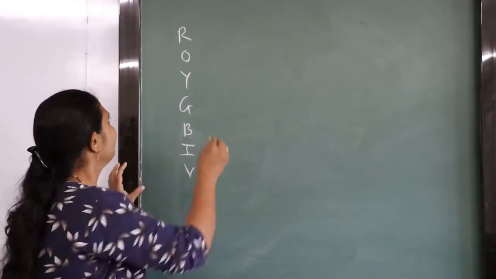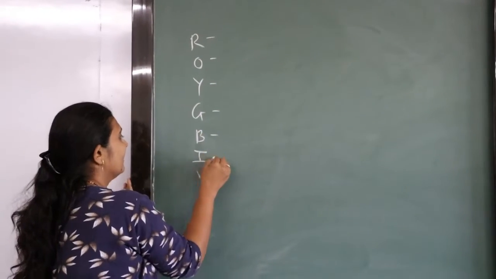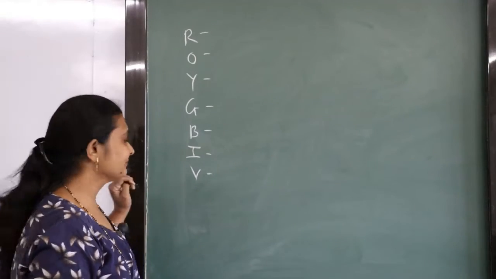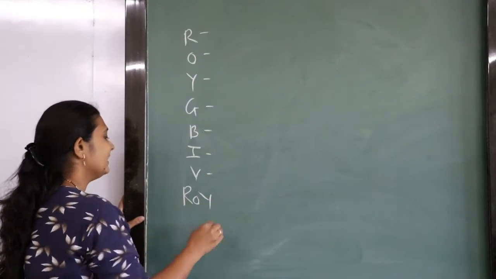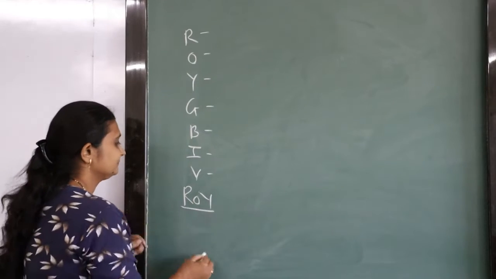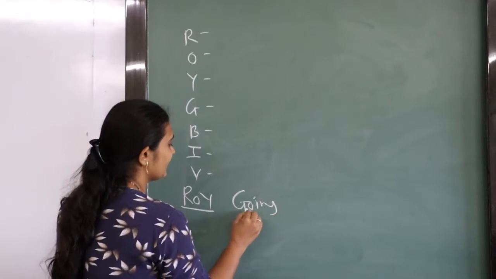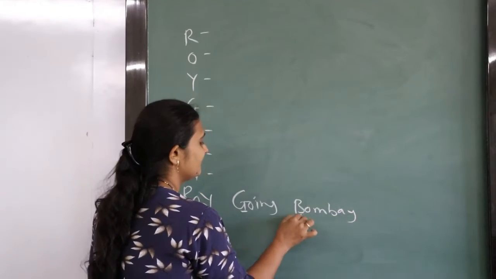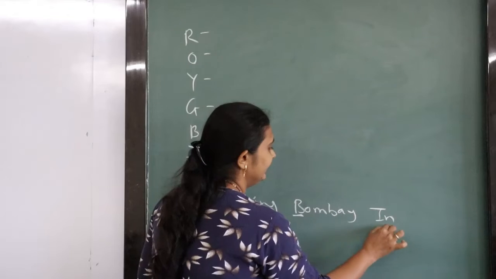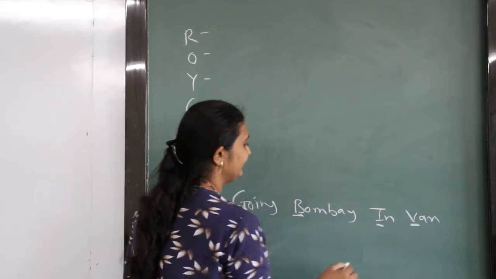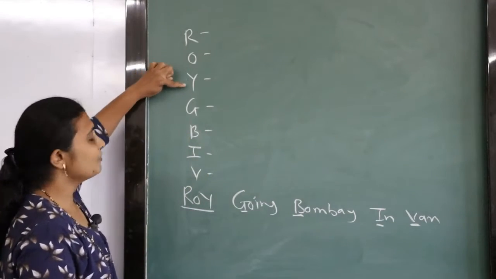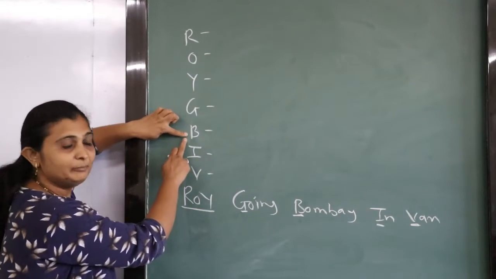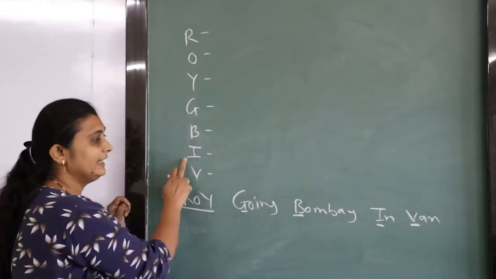Now how do you memorize these 7 colors of the spectrum? Consider a statement: Roy going Bombay in van. Roy, R-O-Y, going for G, Bombay we take only B, in we take I, and van.